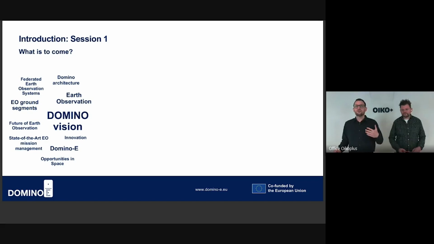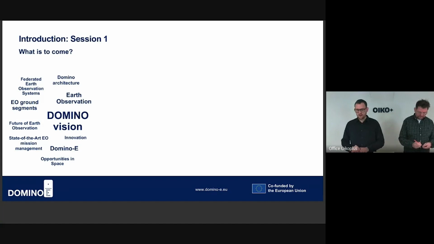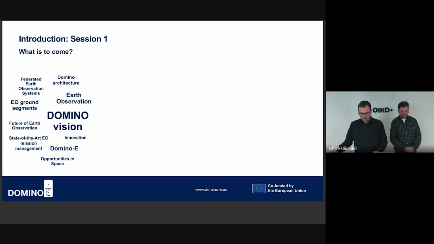We will hear and learn about the Domino architecture, the vision that goes with the Domino architecture, and we have 2 guests, Daniel Novak and Jean-François Vinuesa from Airbus, who will try to explain not only the vision, but also the details of the Domino architecture.